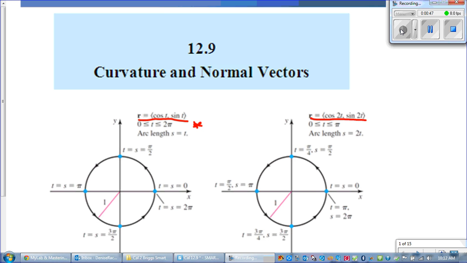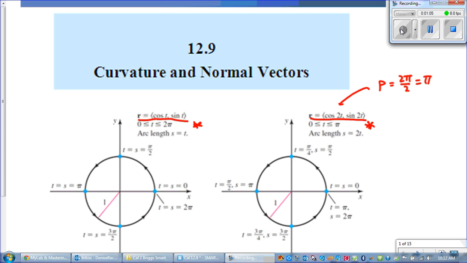In the second one, because each of these trig functions has a period of 2 pi over 2, which is just pi, we only need t values from 0 to pi. So both draw the same exact curve, but the parameterizations are different.